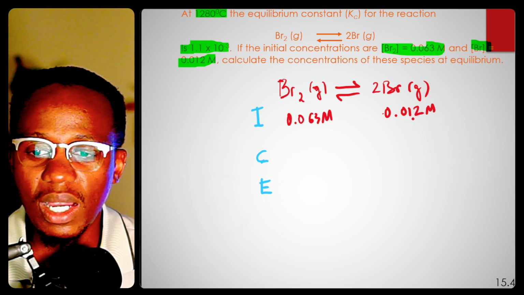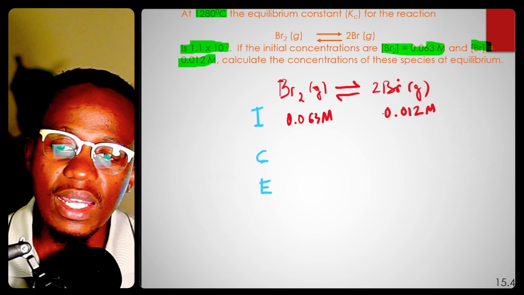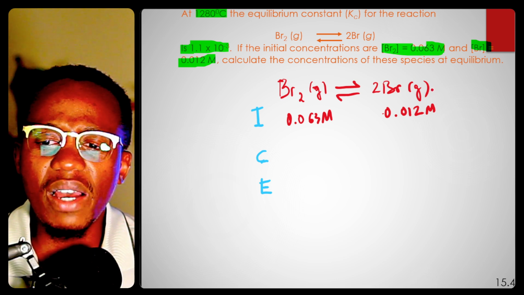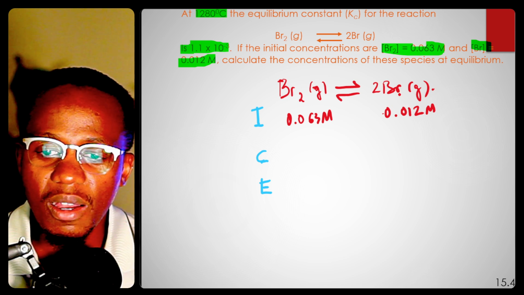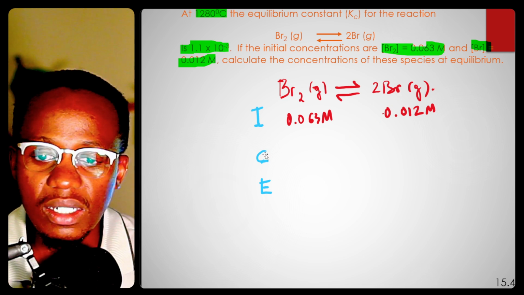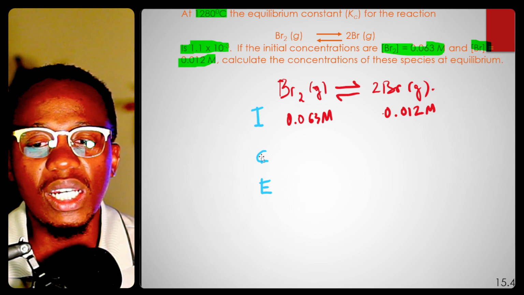The initial concentrations we already wrote down, right? If we didn't have any product at the initial, we would just write 0 for the product. But then C is the change. This is what shows us the change.